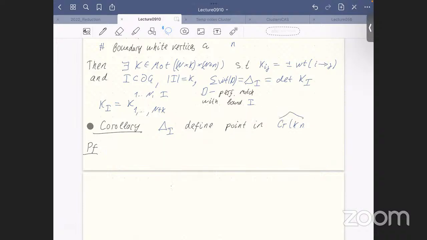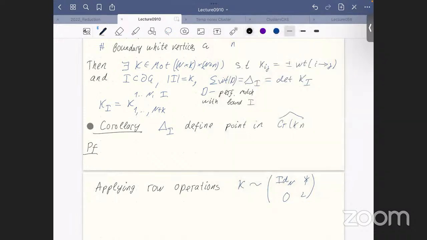Maybe before this, I should comment the following. If all delta I values are zero, then okay. Otherwise, determinant of the sum Ki is not equal to 0.